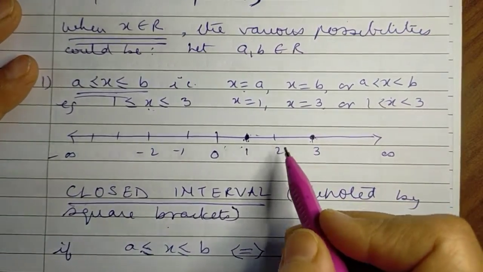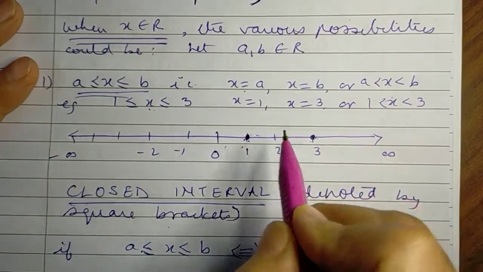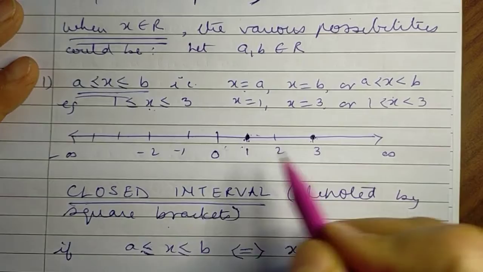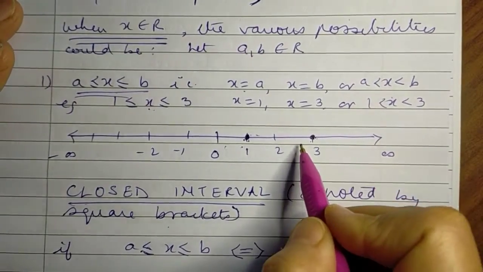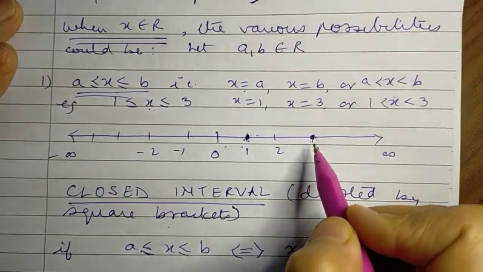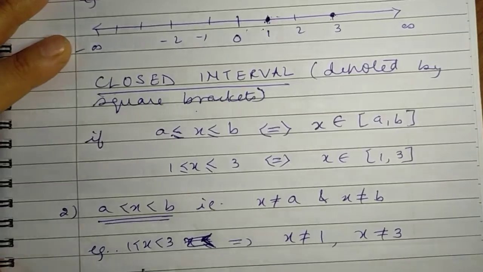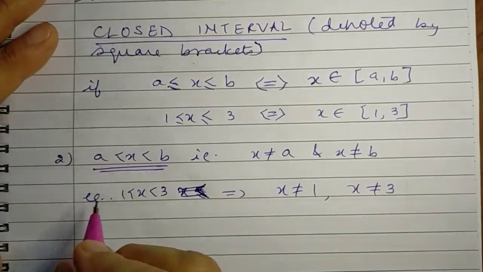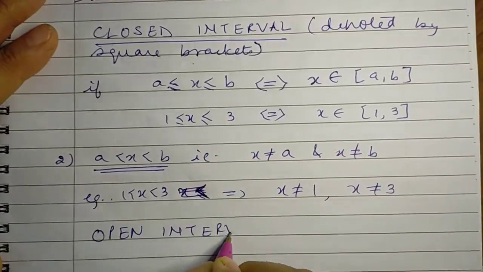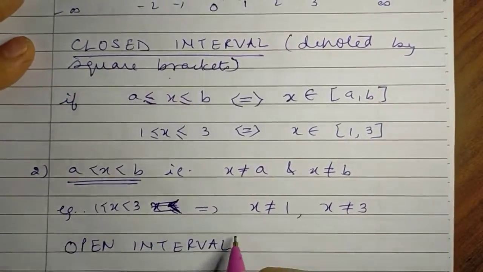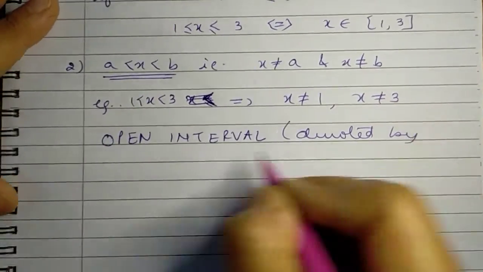Then we can find an even bigger value than that, as 2 point, suppose we have 10,000 nines. That will be a yet bigger number but still not equal to 3. And so such an interval is called an open interval. And this is always denoted by small brackets.